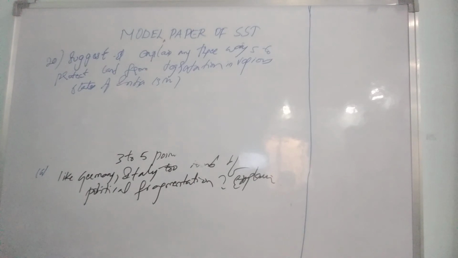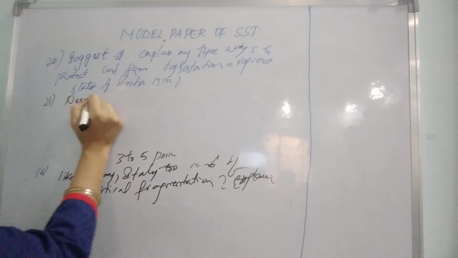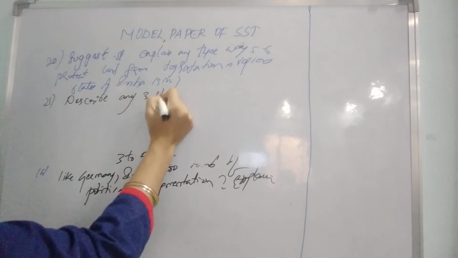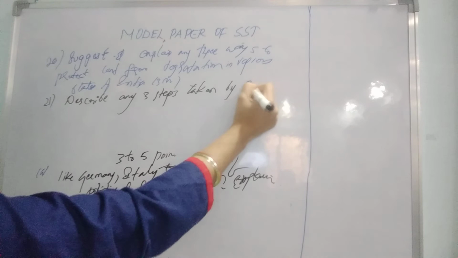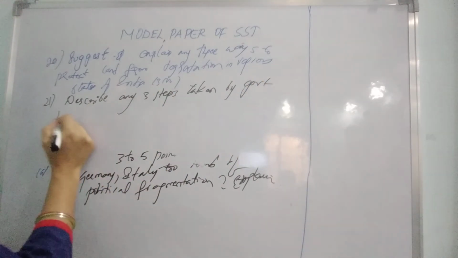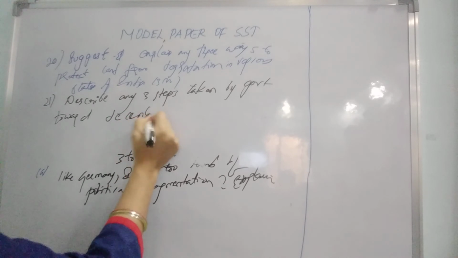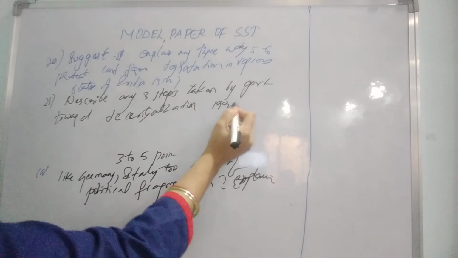Okay, our next question is: describe any 3 steps taken by the government towards decentralization, asked in the year 1992.